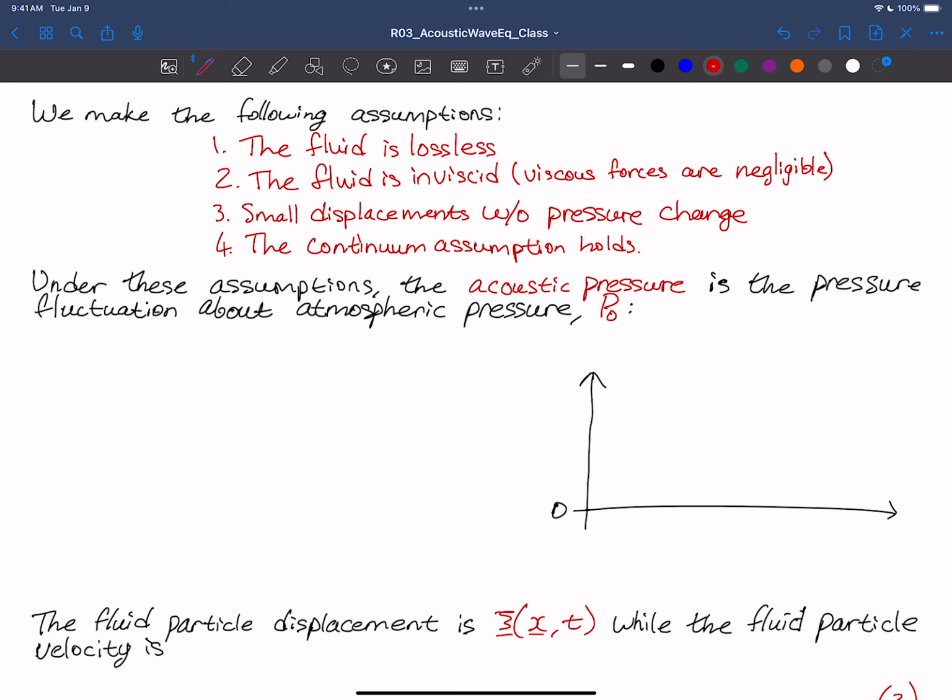So we can write that the acoustic pressure p(x, t) is equal to the total pressure, and this underbar here represents a capital P now, so it's not a vector, it's a scalar. So we have a capital P, a function of x comma t, minus P0, which is our atmospheric pressure.